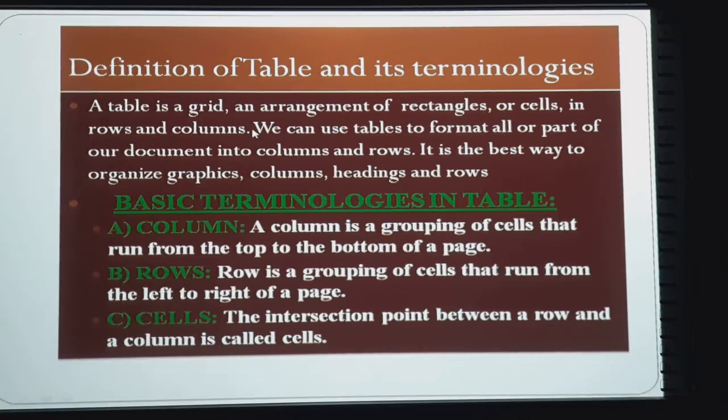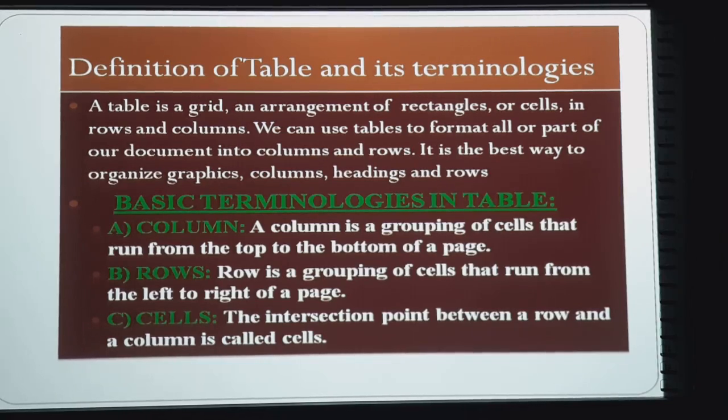Whenever we arrange the cells in the form of rectangles in rows and columns, that will be considered as a table, which will be in the form of a grid. In order to format some part or the complete document itself, we can use tables. And it is the best way to organize graphics, columns, headings and rows.